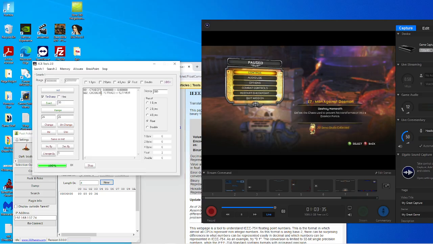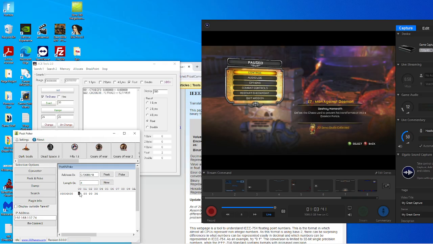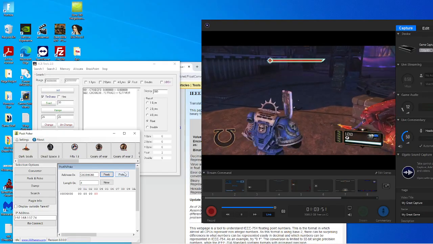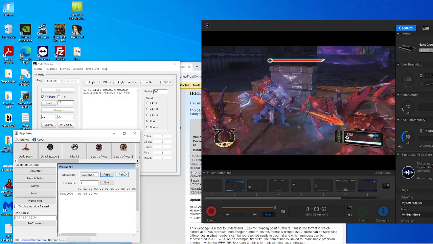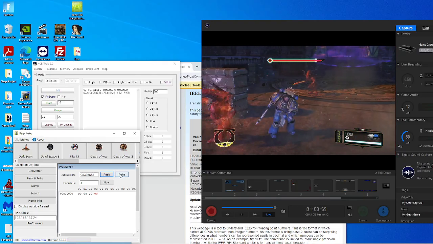It's probably this. So let's see if I can just terminate Fury like nothing, just fill in all zeros. And yeah, that terminated Fury.